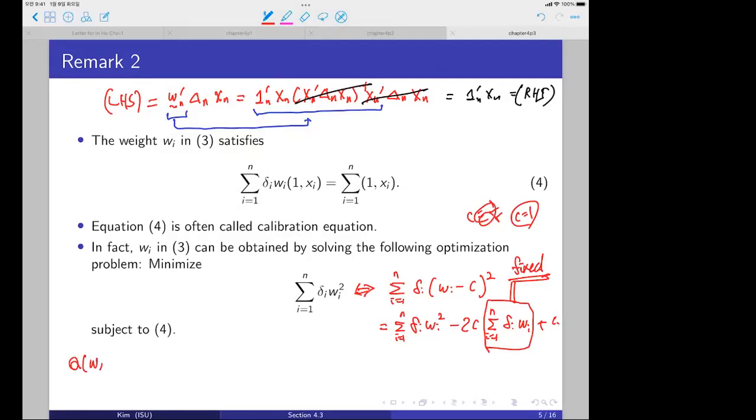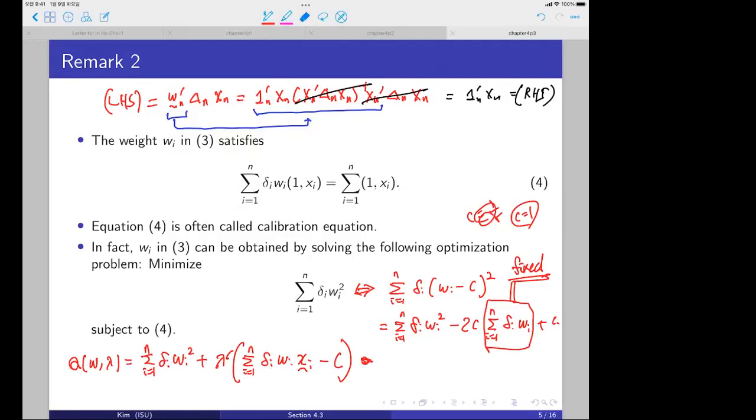So that's an interesting interpretation. Now let's move on. How do we solve this kind of problem? We use a Lagrange multiplier, right? Let's use vector notation. That is our objective function.